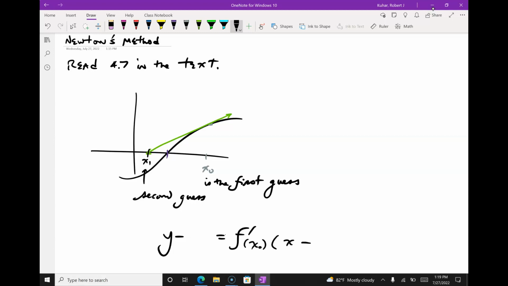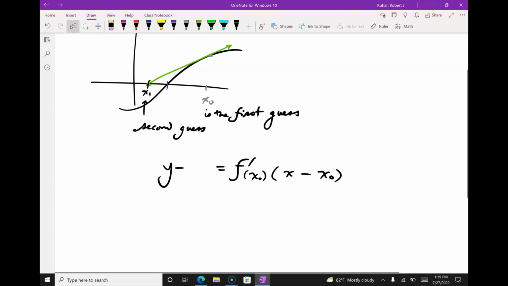And then times x minus that first x. But what is this y value here? So it's the tangent line, right? Everybody's okay with this being the tangent line, yes?